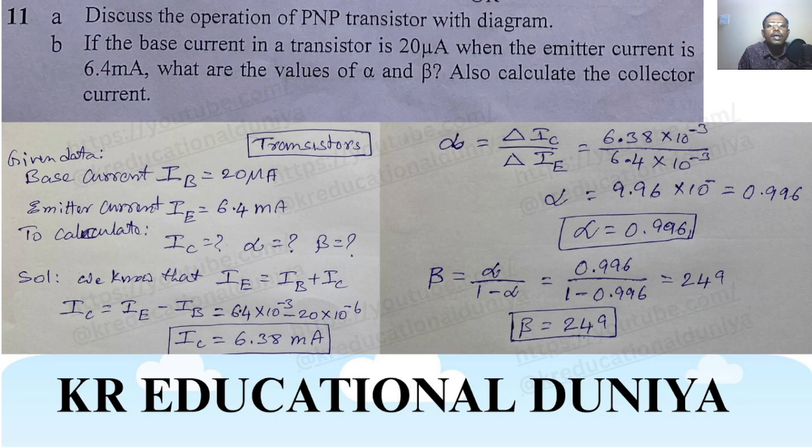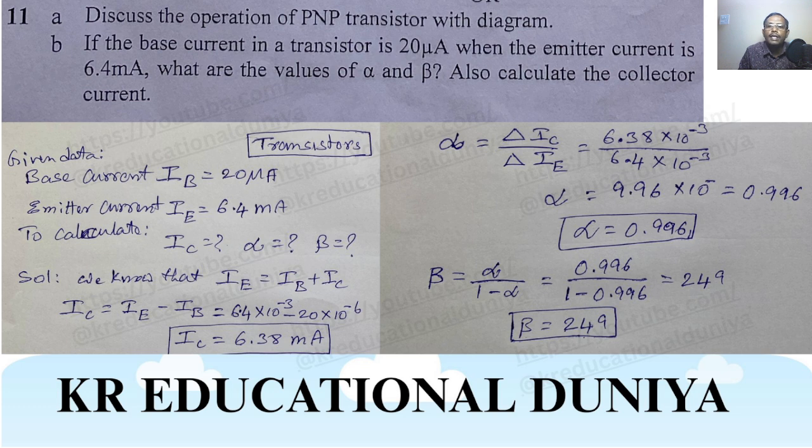And coming to the 11B question. Okay, 11B, which comes under transistors unit. If the base current in a transistor is 20 microamps, when the emitter current is 6.4 milliamps, what are the values of alpha and beta?